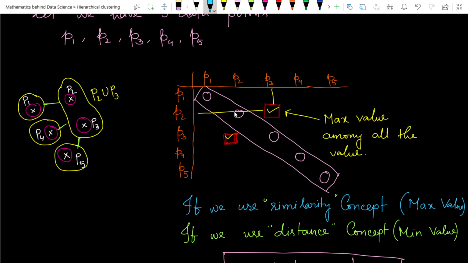But after the initial stage we come into our iterations to merge and to find the proximity value between the clusters. This is the most challenging part of this clustering. There are some mathematics and various kinds of techniques. We'll see these things step by step in the next video.